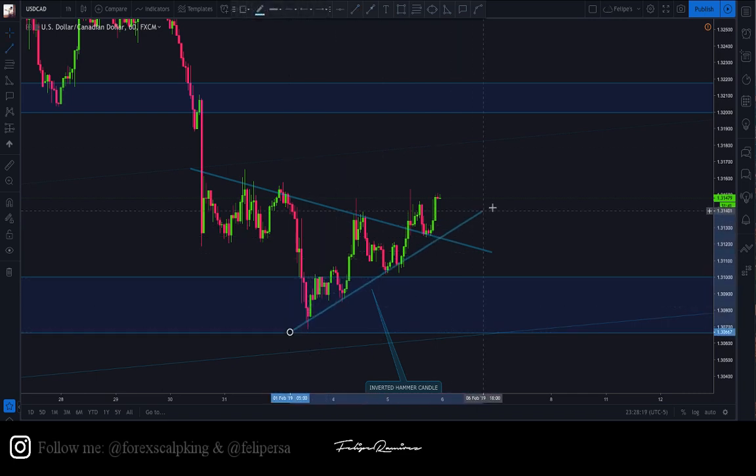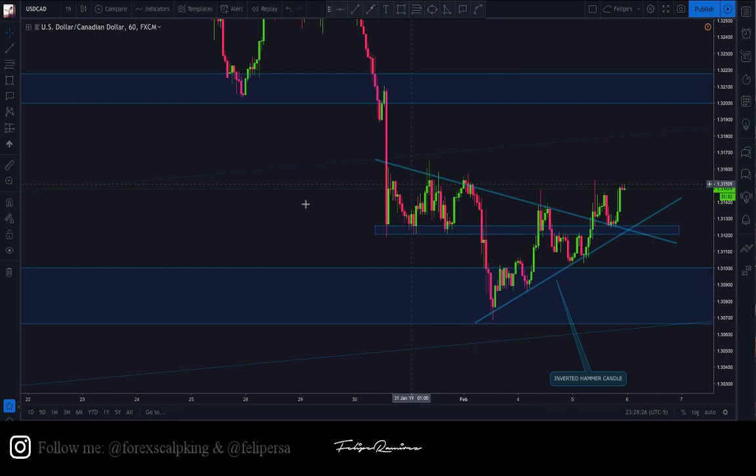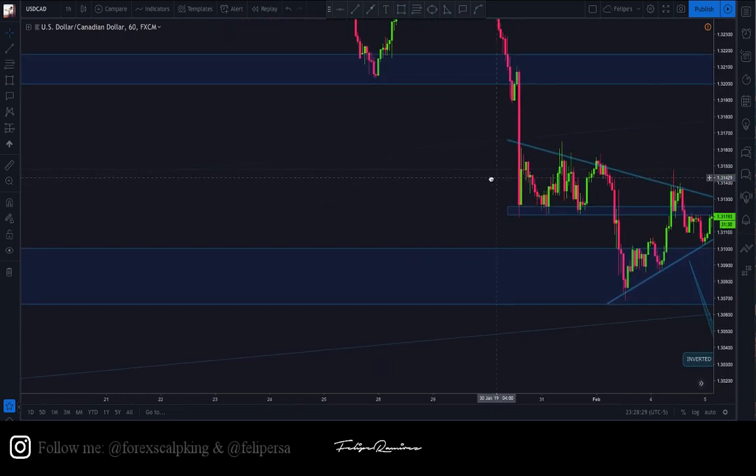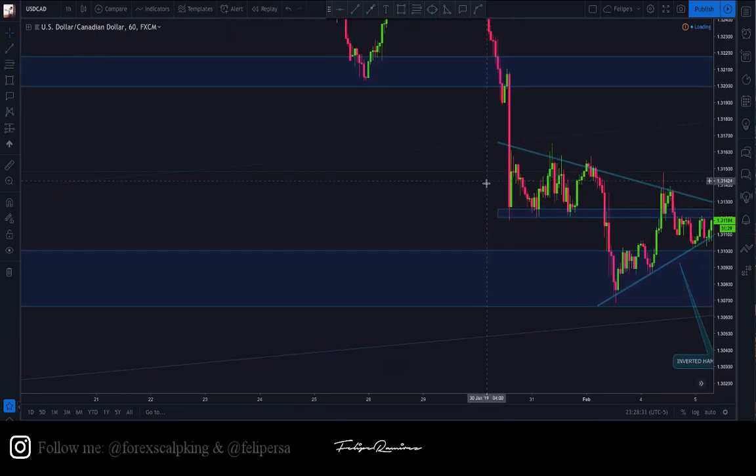But I want you guys to notice something else. So check this out, for example, right over here. This is where I sent my analysis earlier today, right when the market was over here. So focus on the right side of your screen. What are we seeing regarding this resistance area and this upslope trend line?